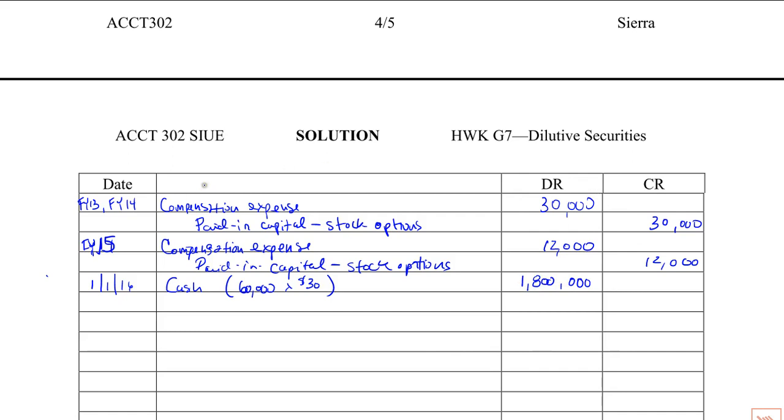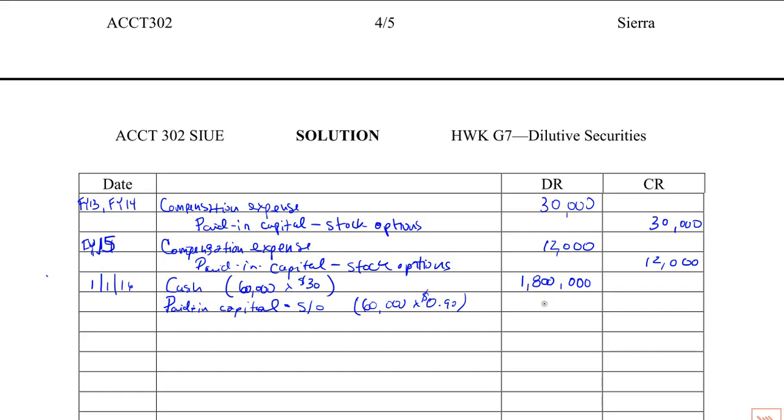Oftentimes the company will lend it to you, if not a bank will. So you don't even have to have the cash. We're going to remove the associated paid in capital, and I'm going to abbreviate S/O for stock options. It's 60,000 at 90 cents. I'm not going to do any of the fraction business the textbook does. We calculated our per option amount at the beginning.